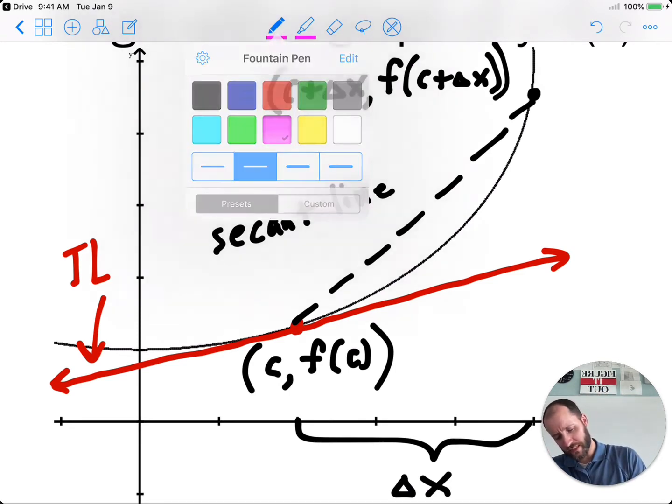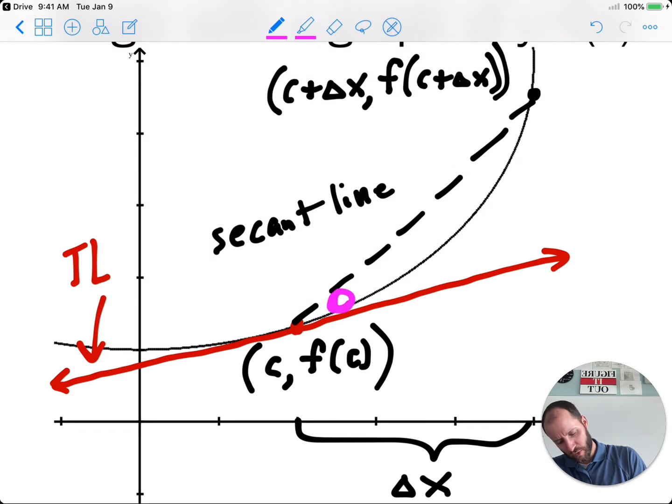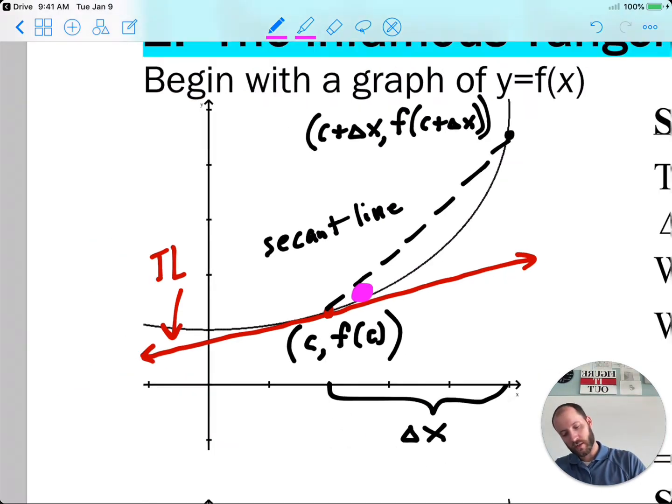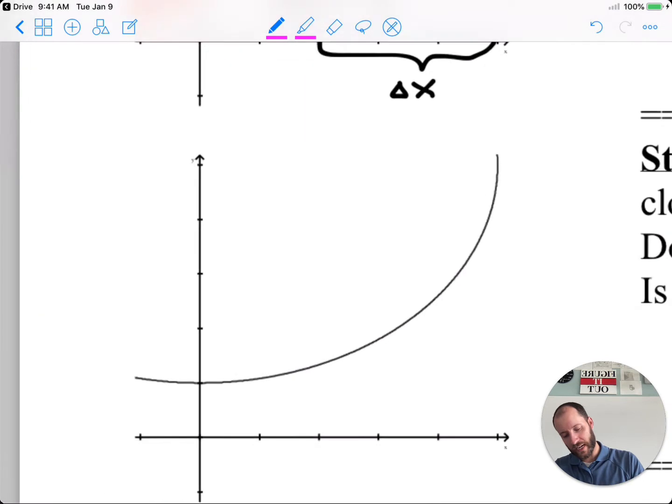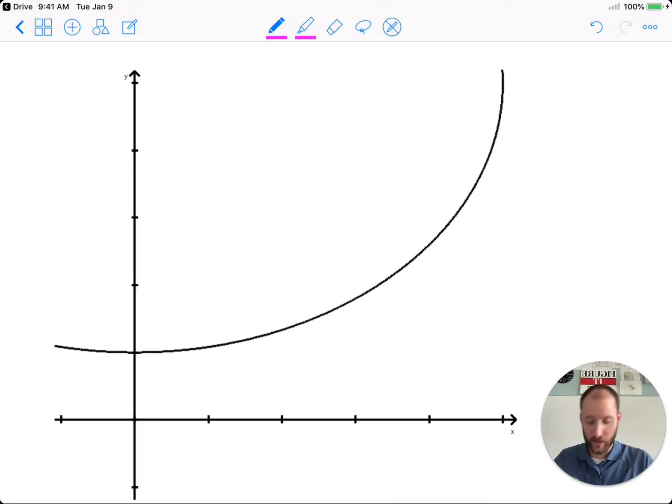So there's this gap between them. That is a difference in their slope. So it's an approximation, but it's not entirely accurate. So the algebraist does the method of exhaustion. Goes, okay, if I got that, can I do better?